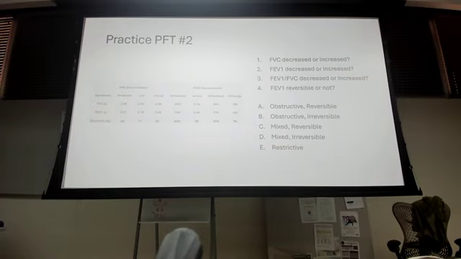Now, is it obstructive? Is it reversible? In the real world, I would say this test probably had the post-bronchodilator done incorrectly. I've never seen a decrease. I mean, anything's possible. So what's our answer? What letter? Yeah, it's not reversible, and it's mixed because there's an obstructive and a restrictive pattern.